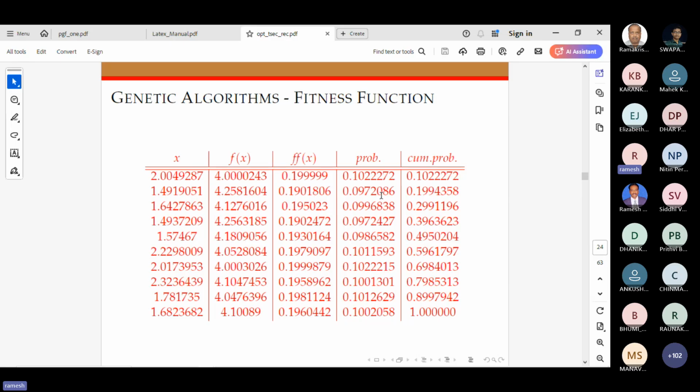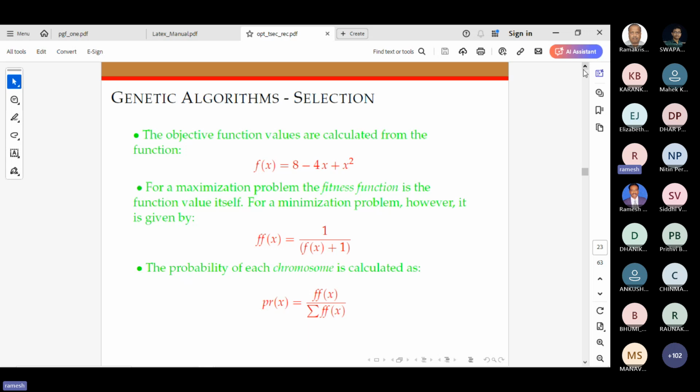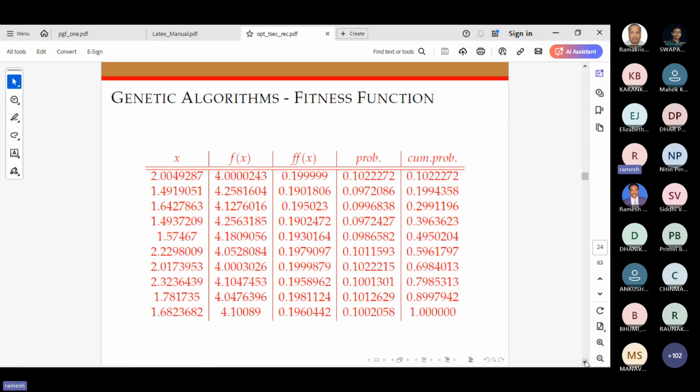That means if we sum all the fitness function values and then take the fraction of that, then we will know which chromosome has a higher fitness function. So that is how we call these the probabilities.